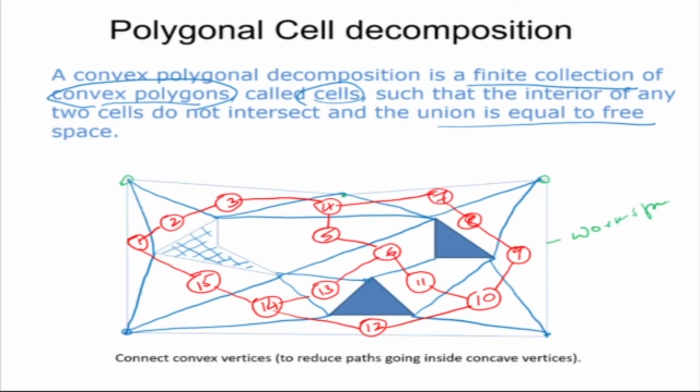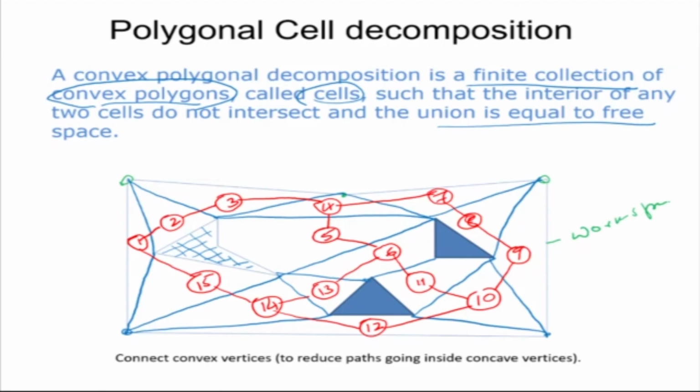So I've put numbers onto all the cells and I've connected the cells. Now I know exactly what the connection diagram would look like. In fact, this red line is showing you the connection diagram. So if you want to go from cell number 1 to cell number 11, how would you go? You can choose two ways. You go 1, 2, 3, 4, 5, 6 and 11, or you go 1, 15, 14, 13, 6 and 11.